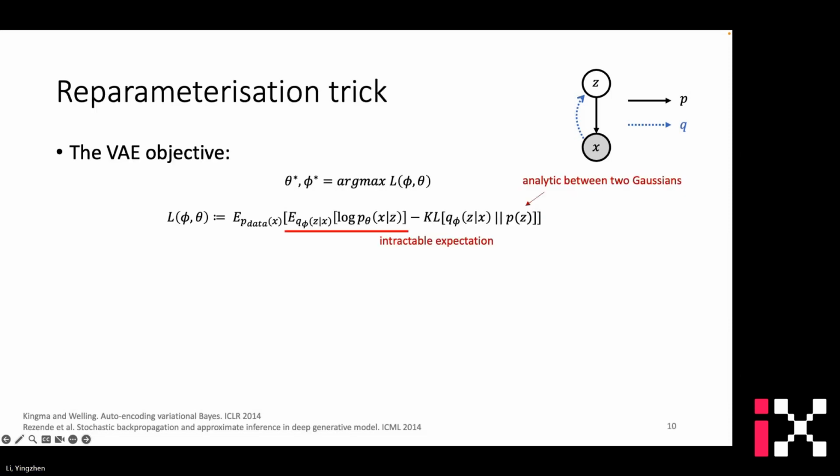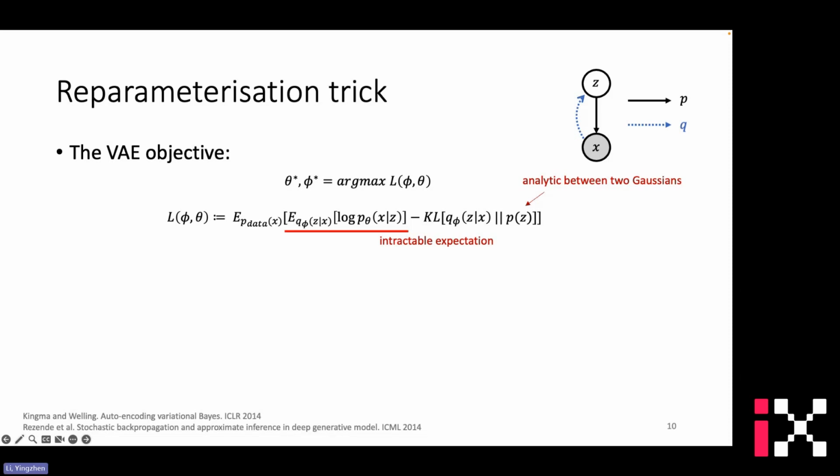So let's just have a recap. This is our objective, as we mentioned before. We already addressed the problem with the KL term. But the first term, even though it is a Gaussian distribution, let's say with L2 error, you can replace that, but you still need to compute the expectation over both the Q distribution and the data distribution.